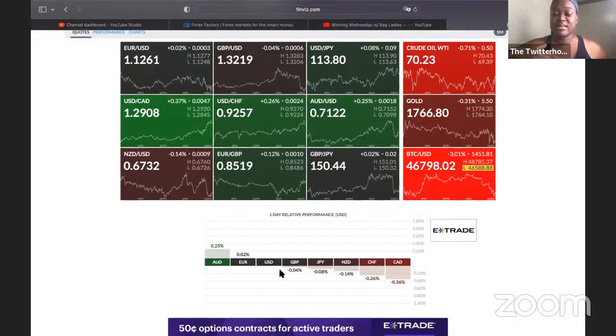On the flip side, if the base is actually weaker, or it falls to the right, and the quote falls to the left, the second one is stronger, then we're looking for bearish ideas. We're looking for price to go down. We're looking to sell.